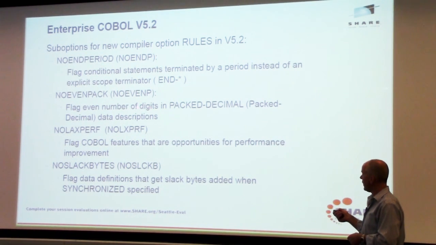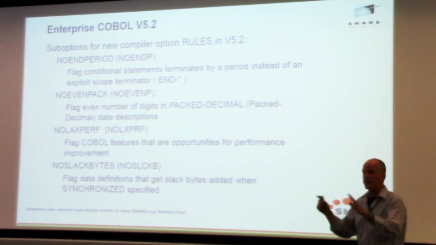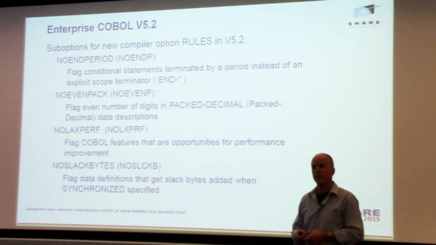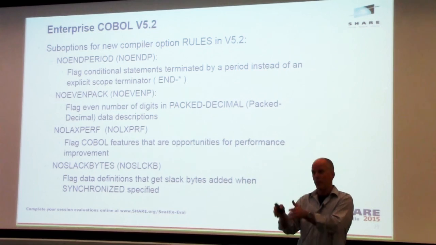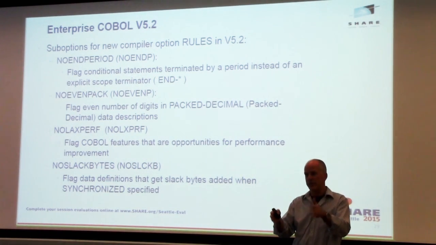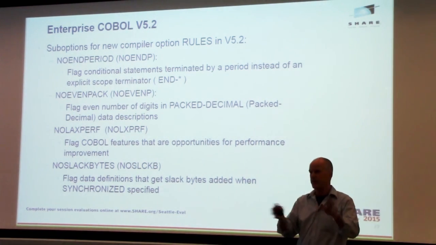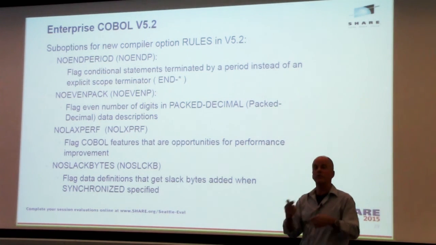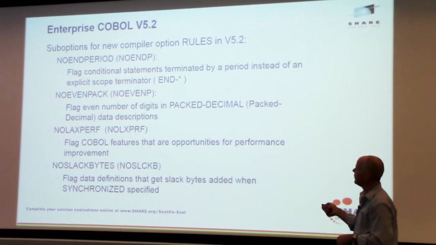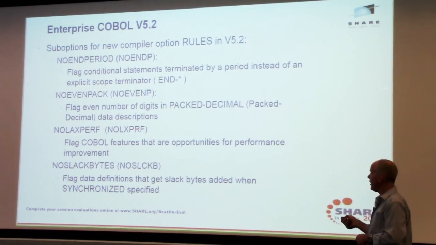So this says you should never define a packed decimal data item with an even number of digits, because in the hardware, you get 1 byte, 1 digit, 2 bytes, 3 digits, 5 digits, 7. There's no such thing as even. If you define even, then you have an unused nibble of space that could cause trouble someday. So we can help you find those. PL/I has this as well.